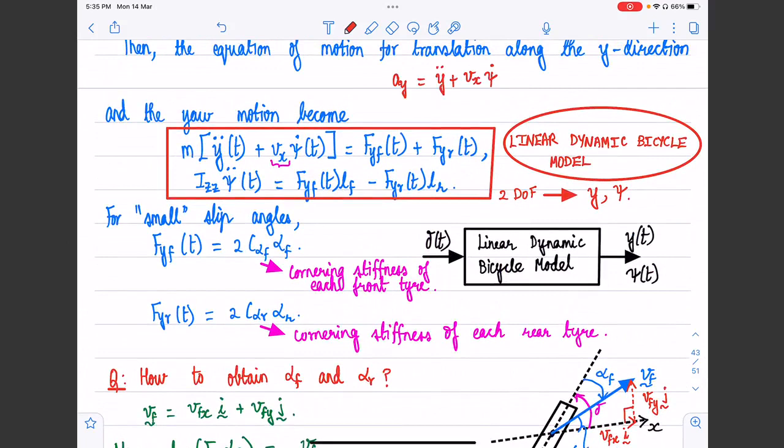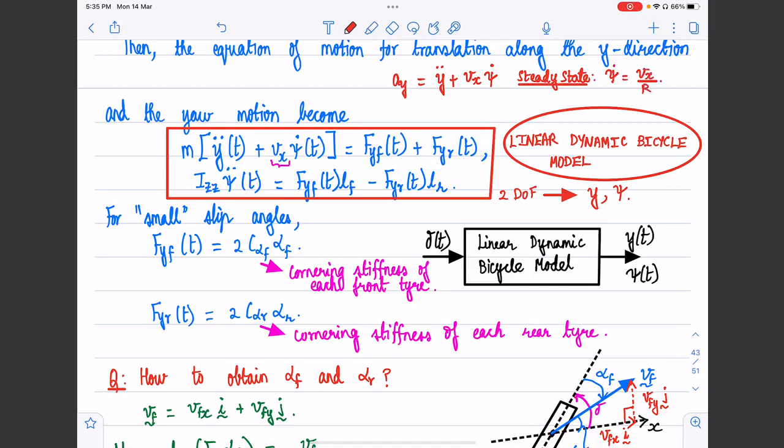In the steady state model that we are currently doing, we are taking y dot to be constant, and psi dot to be also constant, which is vx by r.